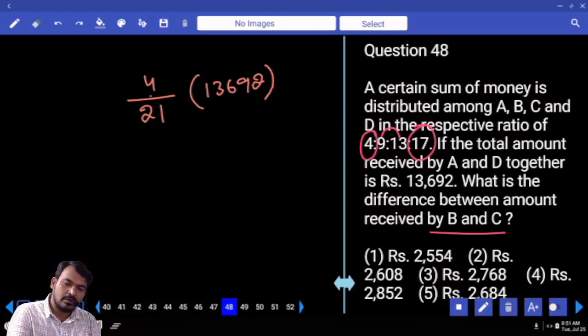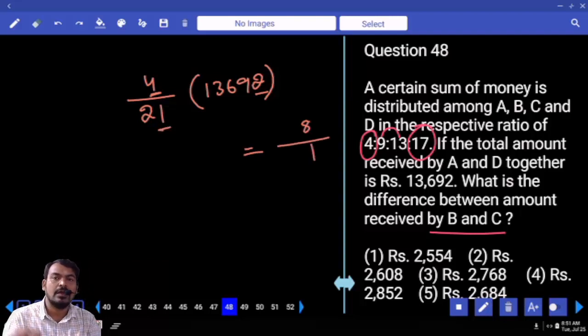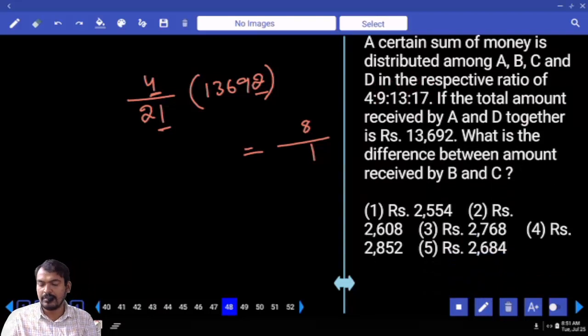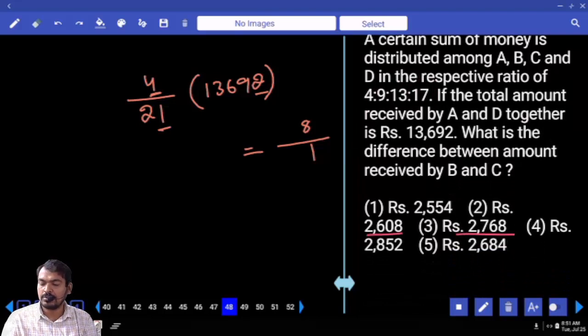What is the numerator's units position? 4 into 2, ends with 8. Denominator's units position 1. 8 by 1 means the answer should end with 8. How many options? 2 options. And here, 13692 is a 9 multiple. At least a 3 multiple.